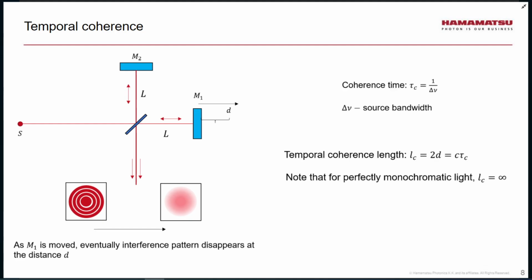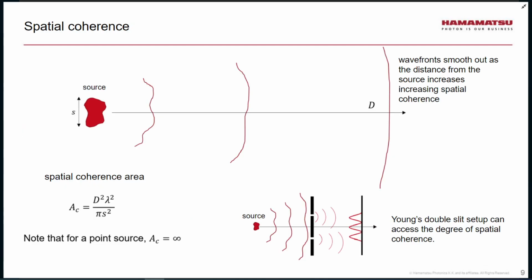So as said earlier, coherence time is proportional to inverse of the bandwidth, and therefore from this experiment we can determine that the coherence length, let's call it L sub c, is equal to 2 times d, which would be equal to c, speed of light, times the coherence time. Again, I note that for perfectly monochromatic light, the coherence length is effectively infinite.